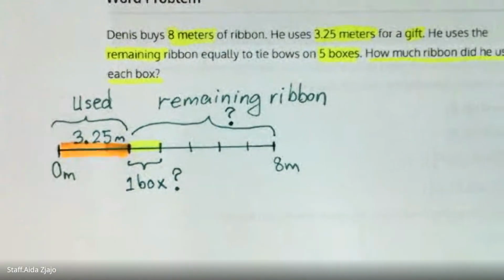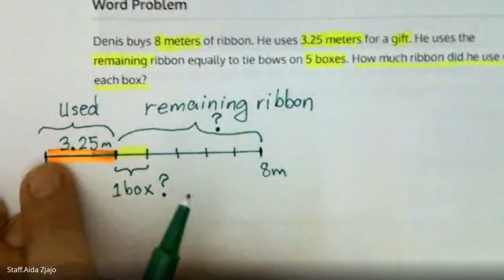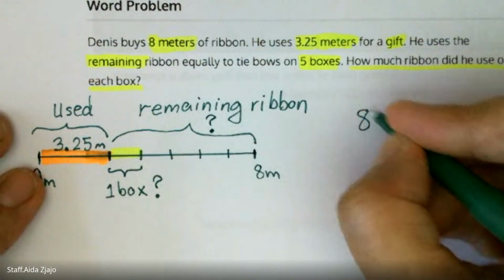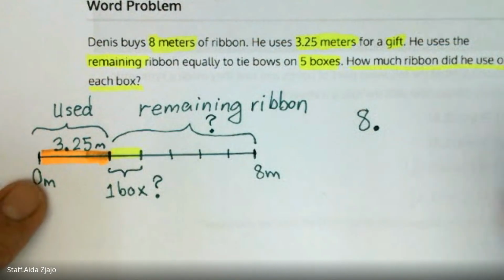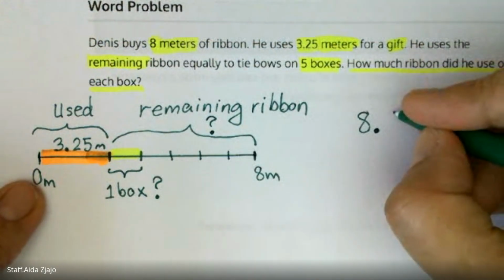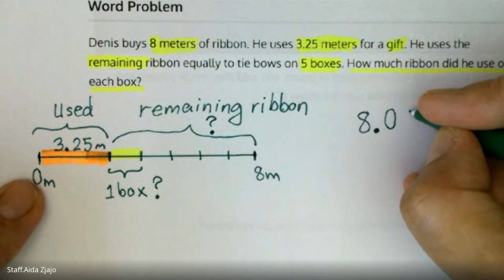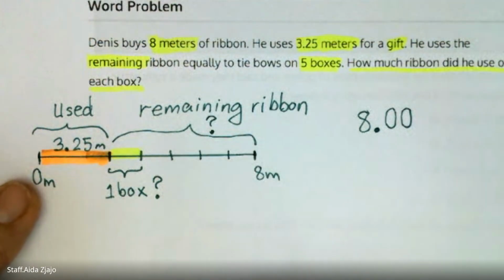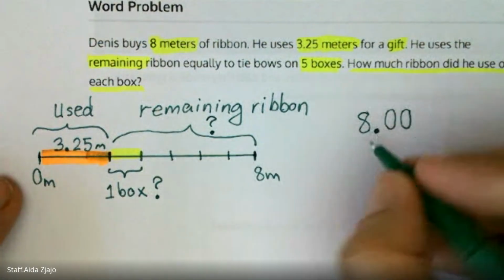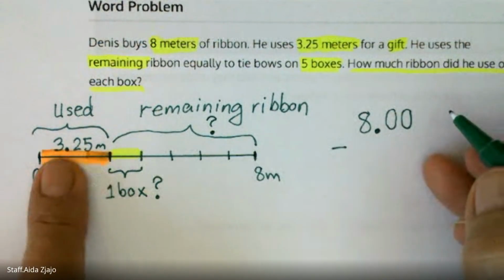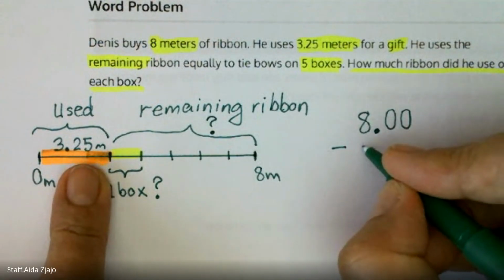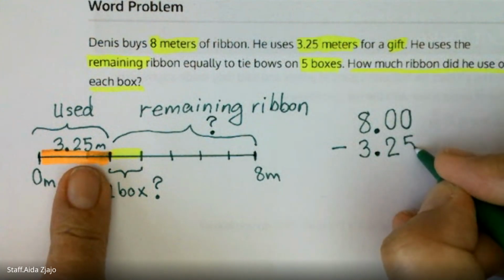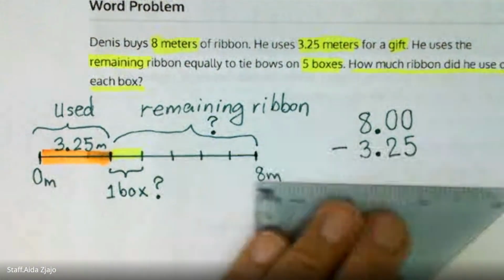When we think about that, the whole was 8 meters. 8 whole meters has no decimeters or centimeters, so it's 8.00. And we can subtract how much he used, 3 and 25 hundredths.